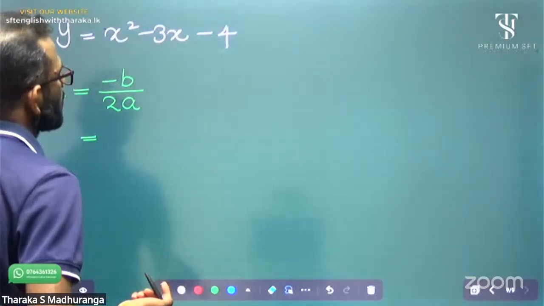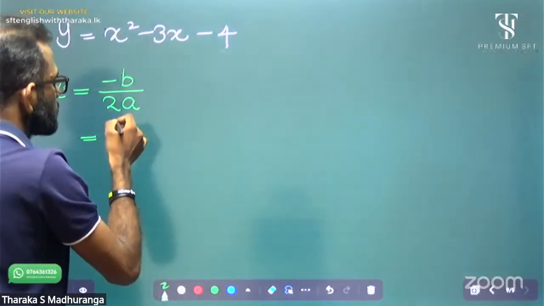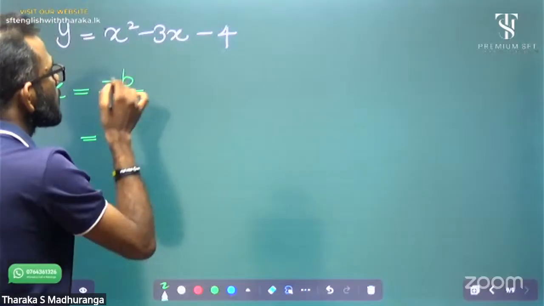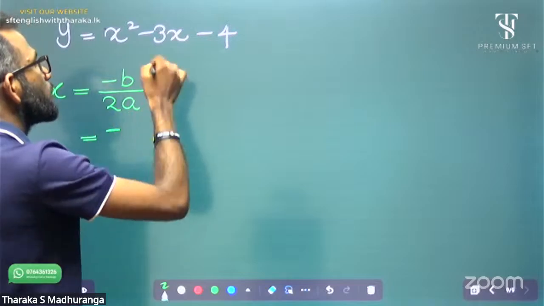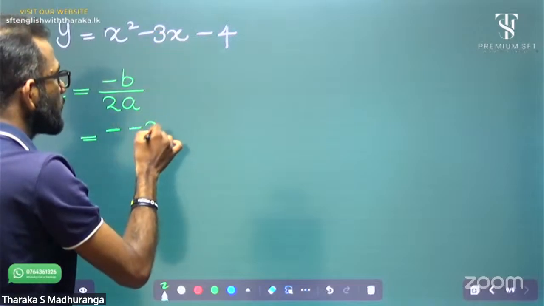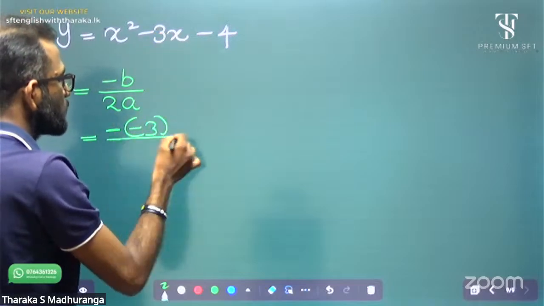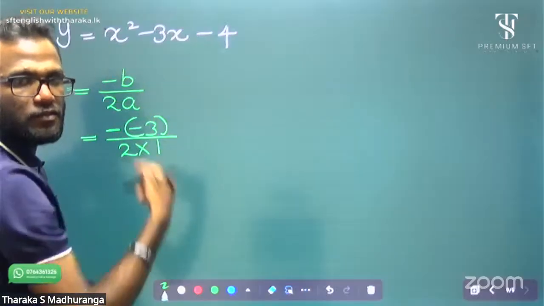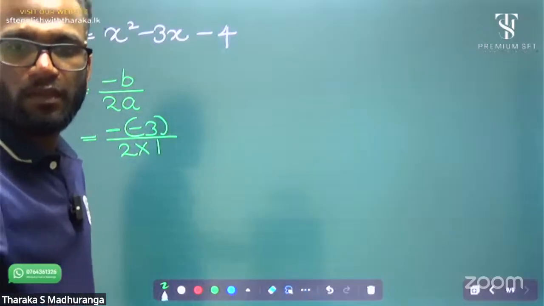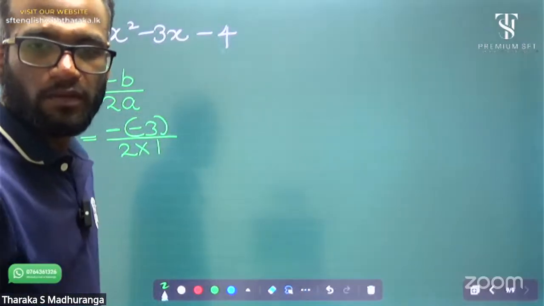Minus b. This is special, this is important. This minus mark is coming from the equation. Then the b value is also minus 3. Minus 3. 2 into 1, x squared means 1. Yes, very good.